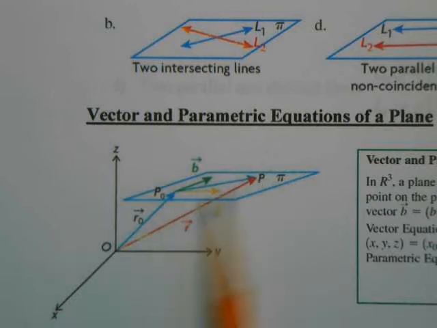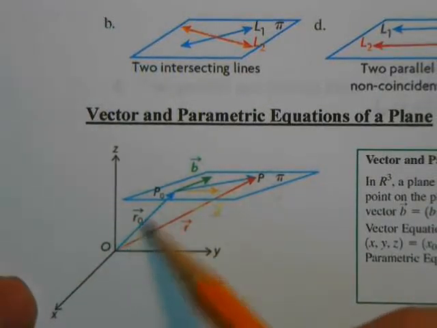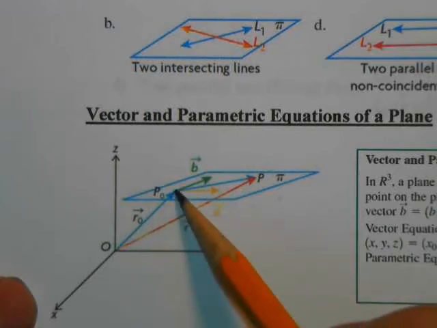So the blue parallelogram here is the plane that we'd like to create an equation for. The way we're going to do it with vectors is very similar to the way we did it with lines. If you remember, we had this vector we called R0, which was a position vector that went to any point that's on the plane.